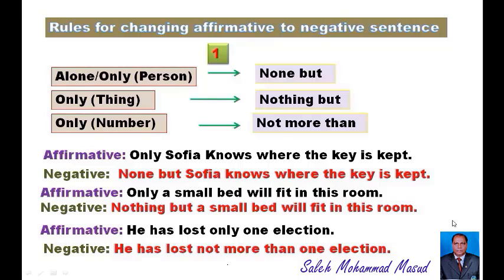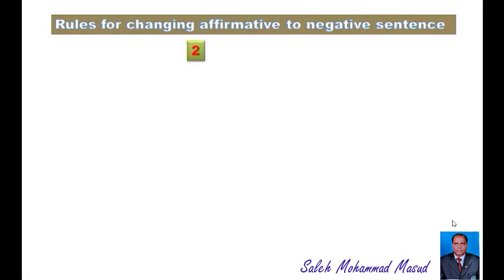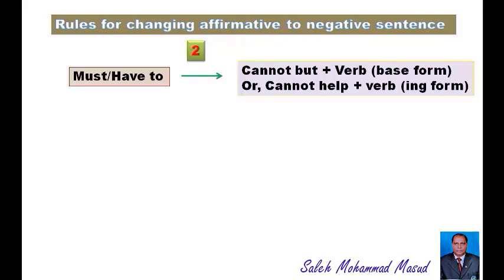Number 2. For the word must or have to, we should use the structure here: cannot but plus base form of the verb, or cannot help plus ing form of the verb.